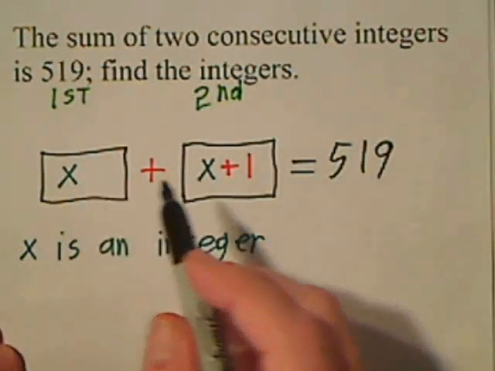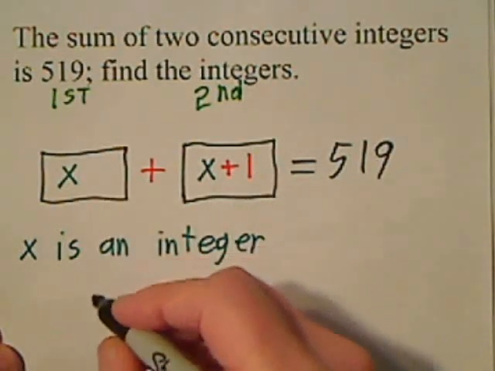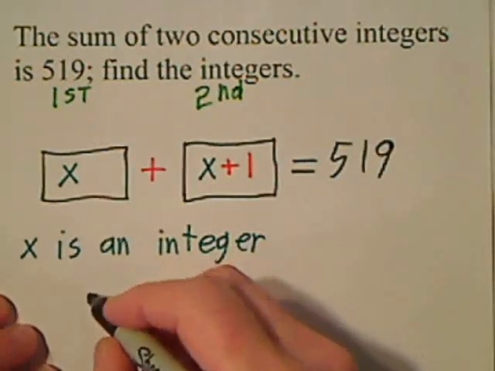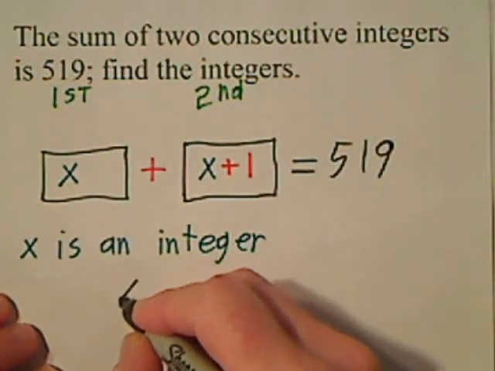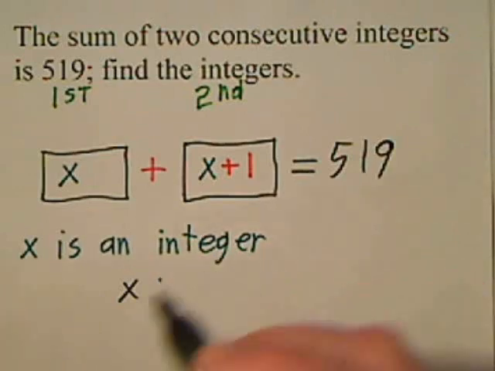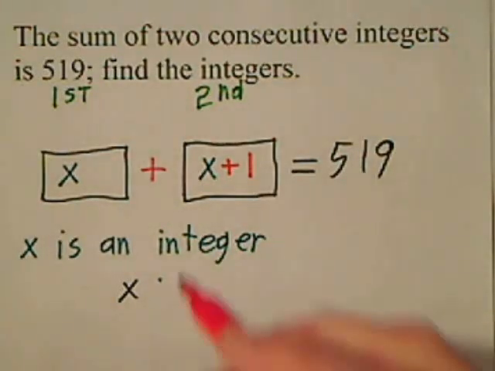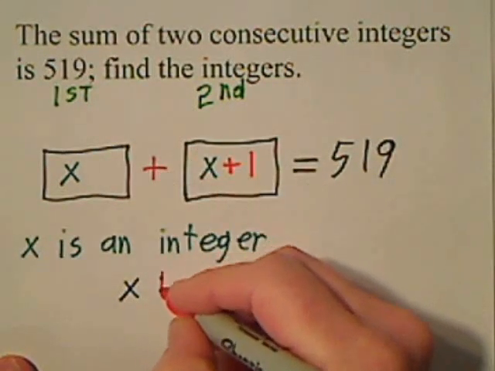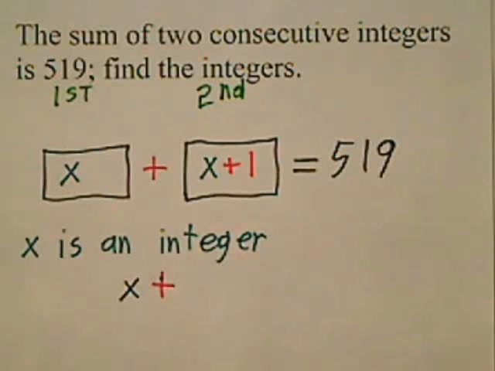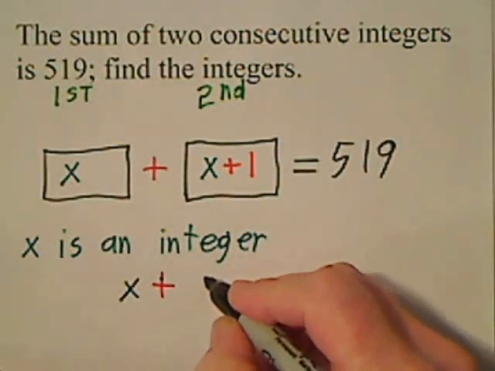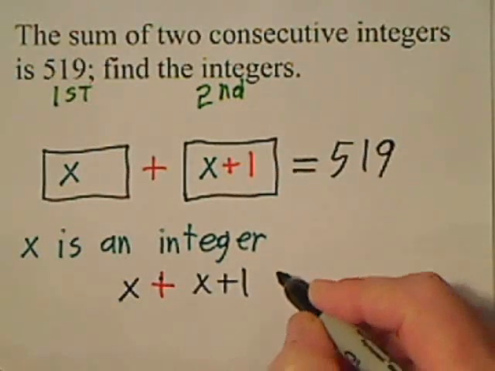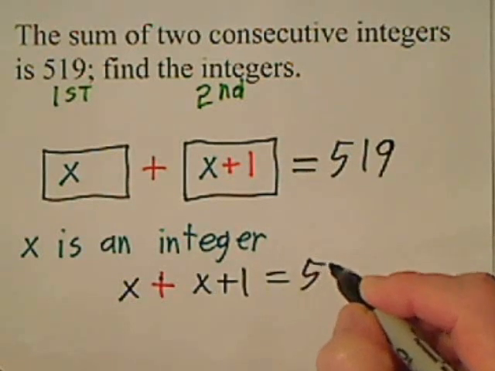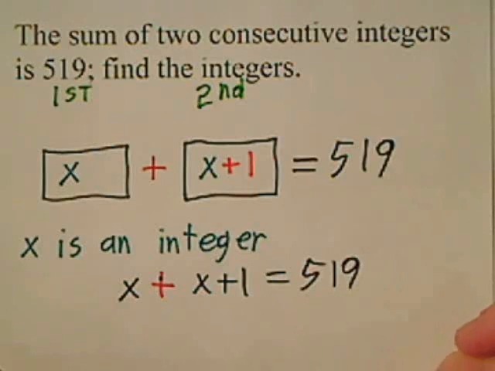So now if I add this box, I'm supposed to get 519. So that's where we get our equation from. x, I'll keep our red plus sign here, plus x plus 1 is equal to 519.